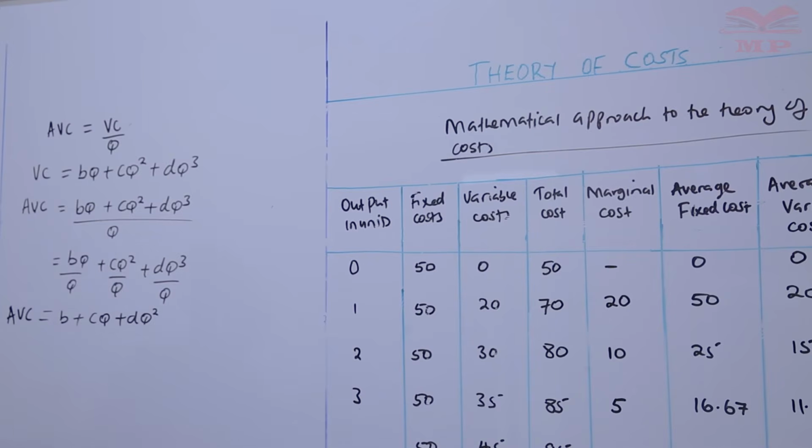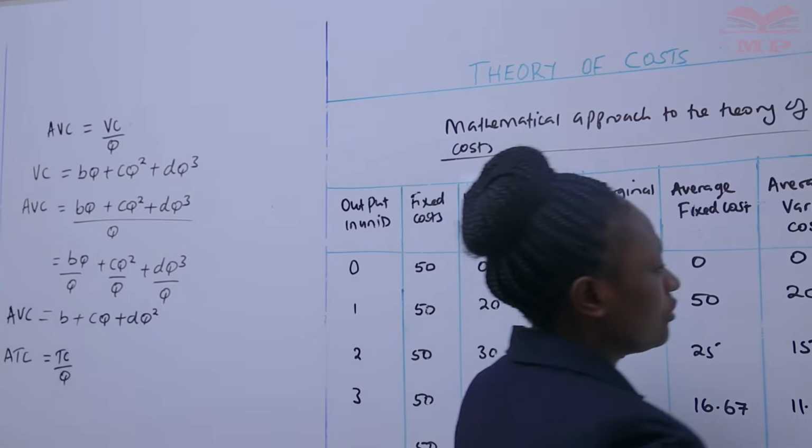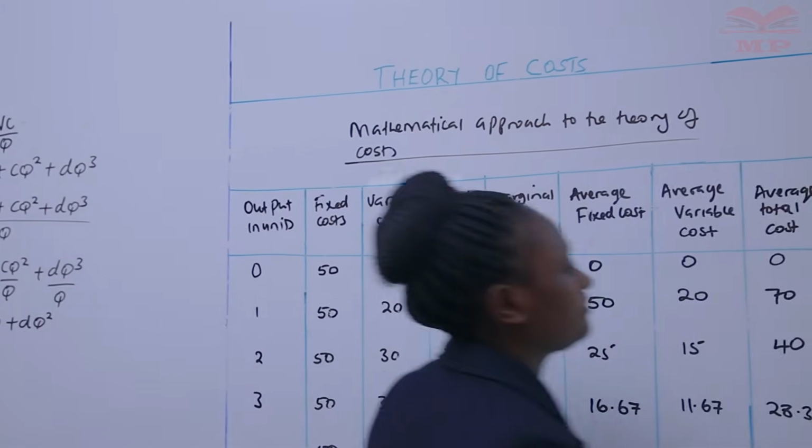Then if we have been told to calculate the average total cost, how do we calculate average total cost? We say that average total cost equals total cost divided by Q. So we were given the total cost function, which is this.